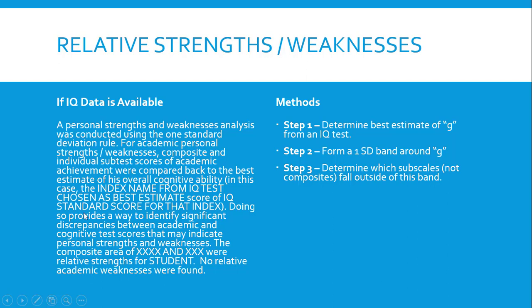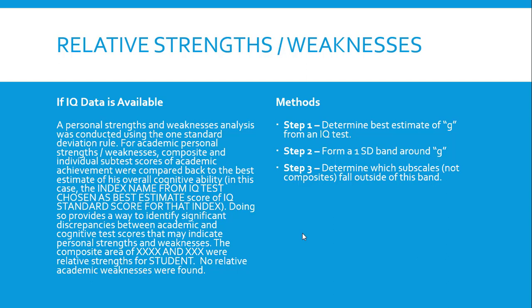So over here, this is kind of the stuff you fill in. And the stuff you fill in is filled in through this kind of information. First, you have to have your best estimate of G. For this class, for your final paper, the kid that you're giving this achievement test to really should be somebody you already gave an IQ test to, because you've already calculated G for that person. And so that's easy enough.